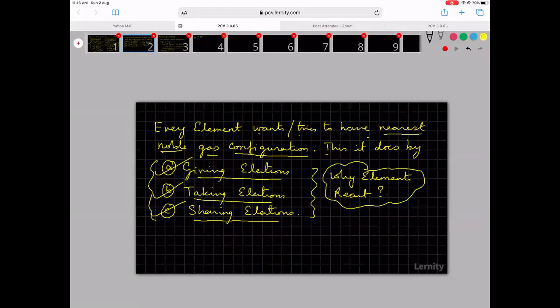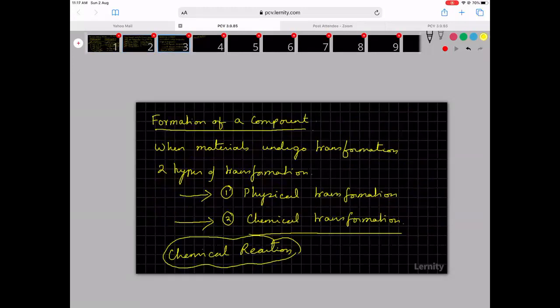Then when we talk of formation of a compound, when materials undergo transformation, there are two types of transformation. One is physical transformation. Physical transformation means solid can change to liquid, can change to gas. So this is an example of a physical transformation.